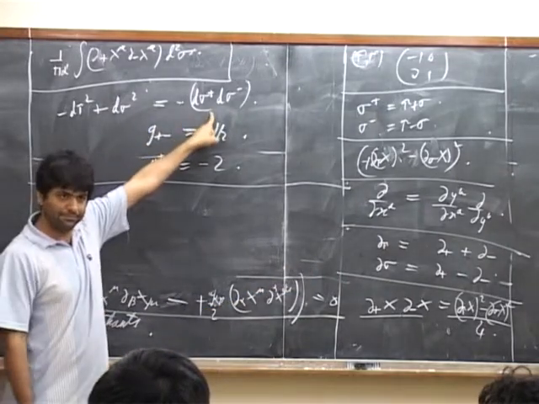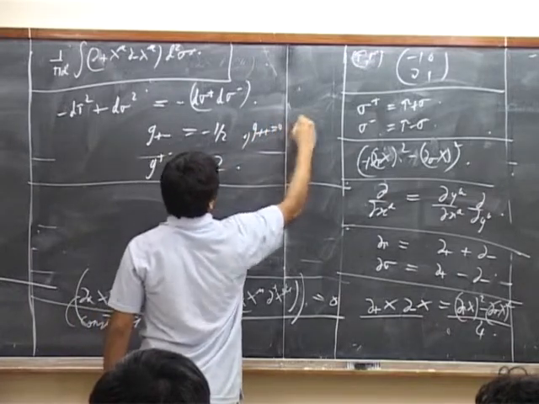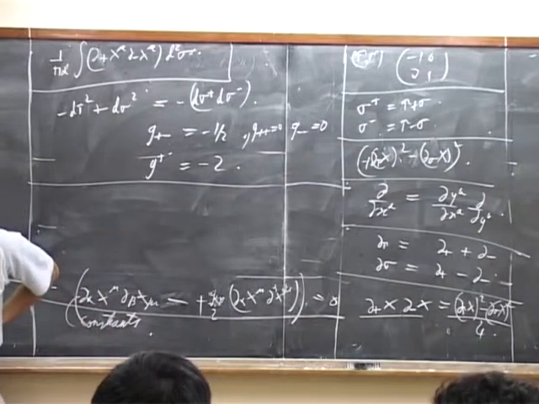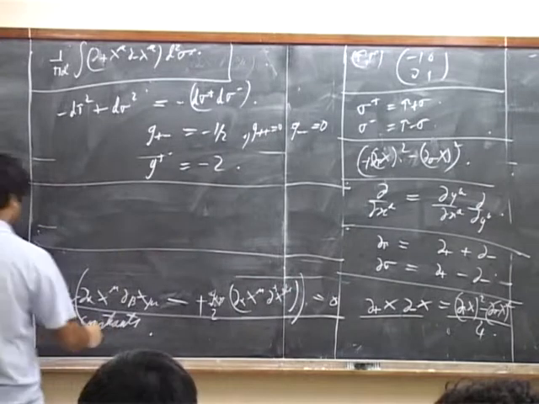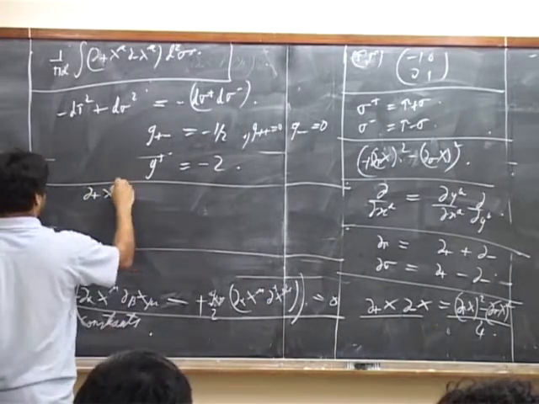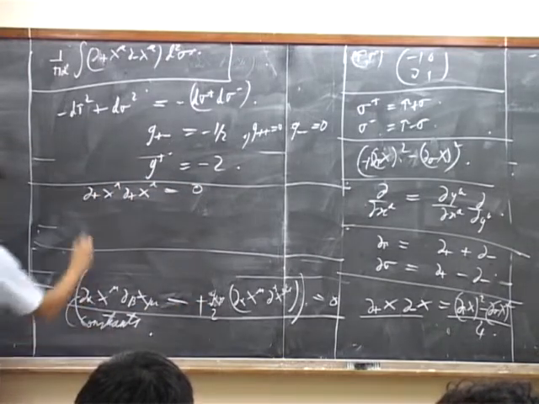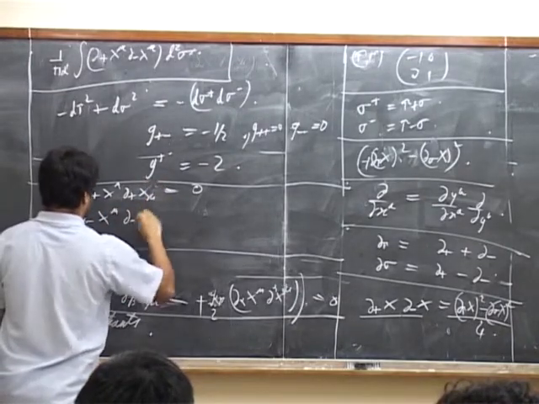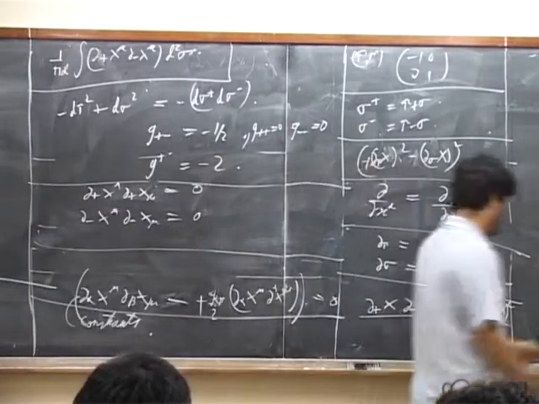Is that clear? So two of the constraints are very simple: del plus x mu, del plus x mu is equal to 0, and del minus x mu, del minus x mu is equal to 0.